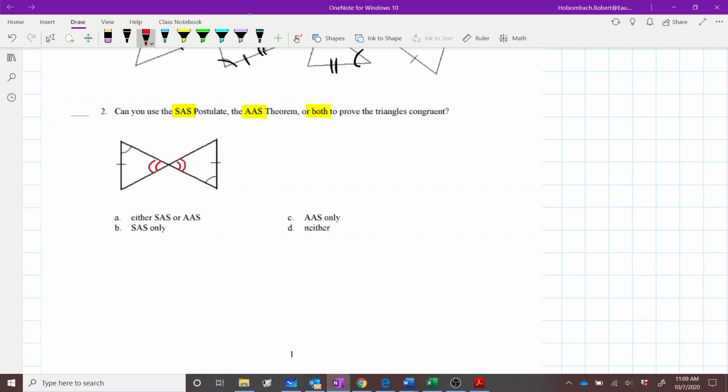So with those two angles being congruent to each other, we have an angle, angle, and a side congruent to an angle, angle, and a side. So angle, angle, side theorem works. We don't know of any other sides in this diagram that are congruent to each other, so we can't use side, angle, side, which means we can't use both. So it's going to be angle, angle, side only.